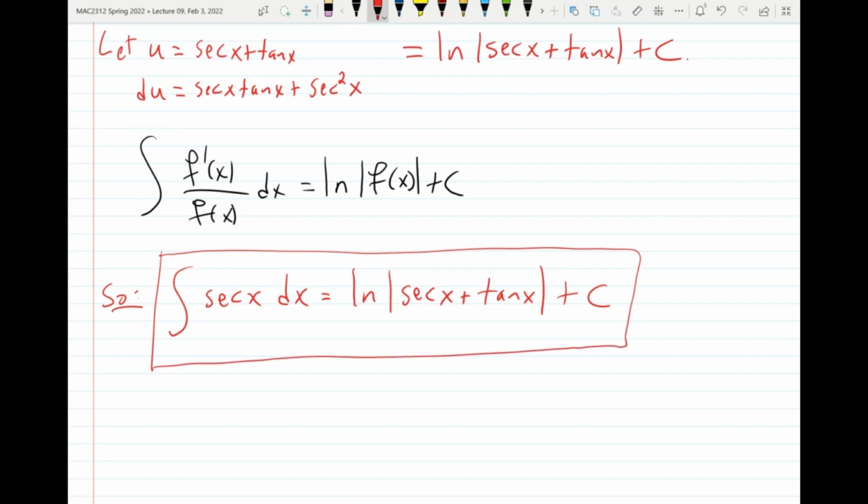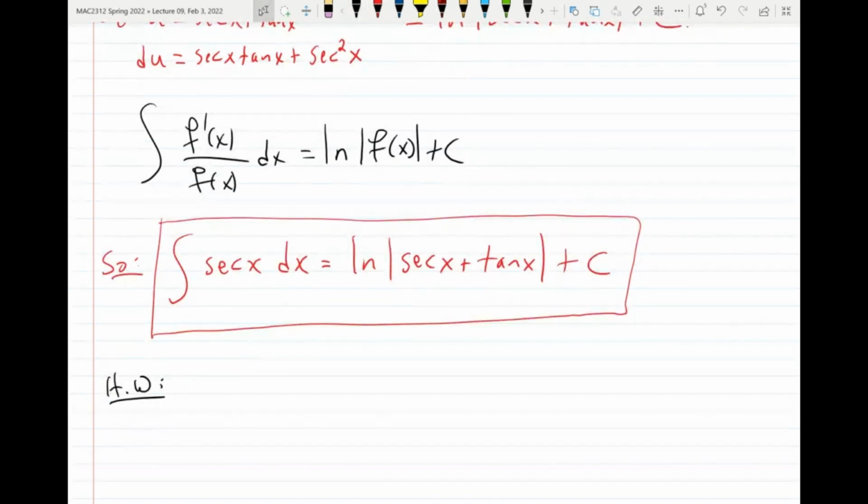And you can do a similar thing to figure out the integral of cosecant. We don't have time, but I'm going to leave this to you as homework. Now that you know the integral of secant, see if you can find the integral of secant cube. Because secant squared is easy. The integral of secant squared is just tangent, right? But how about secant cube?